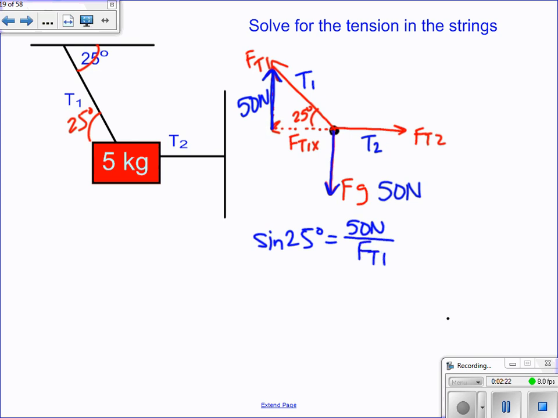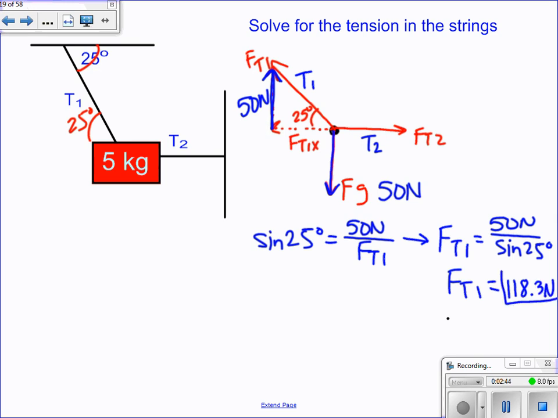If I rearrange that equation, force tension 1 is equal to 50 newtons divided by sine of 25 degrees. So plugging that into my calculator, 50 newtons divided by sine of 25 is going to give me my answer of approximately 118.3 newtons of tension in rope number 1.